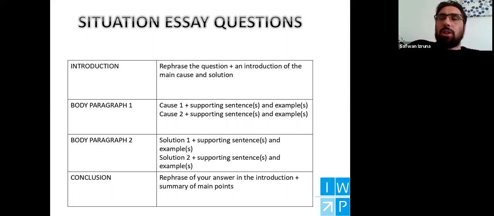We always have to give reasons why our ideas are relevant, why our ideas are true. So what do you think, for example, that we could put to support the idea that being inactive is a reason why people are overweight? What ideas could you put? Write in the chat what you think could support this cause.